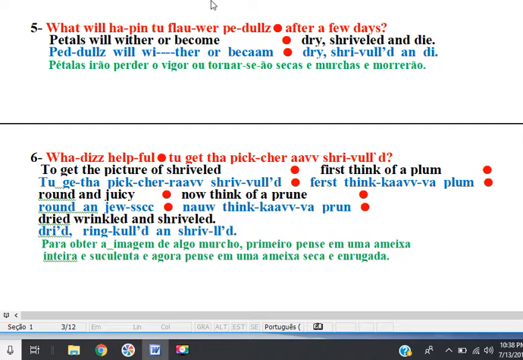What will happen to flower petals after a few days? Well, petals will wither or become dry, shriveled, and die.